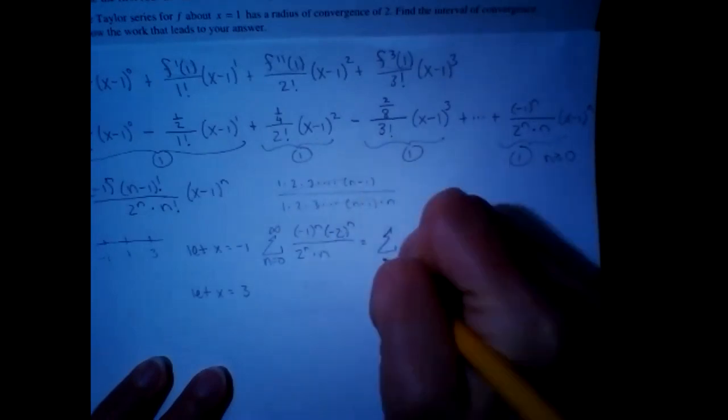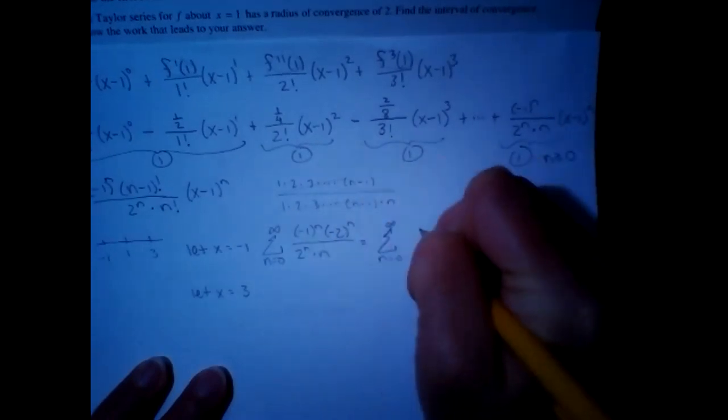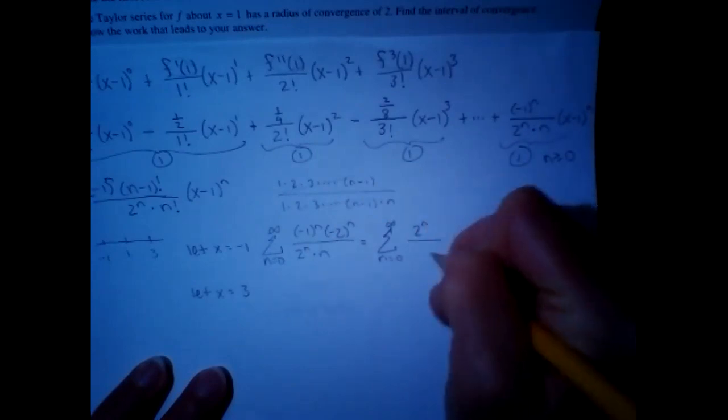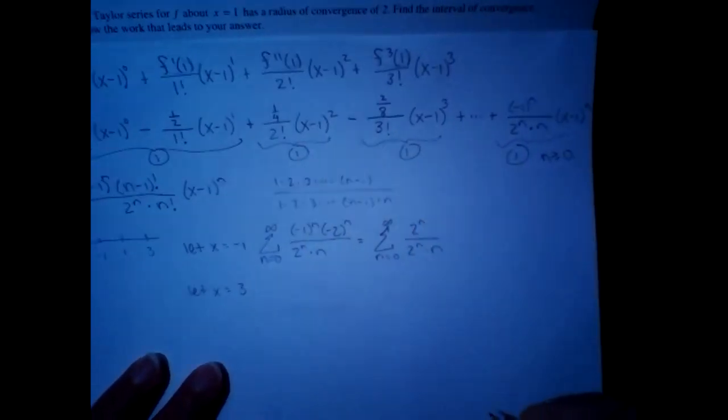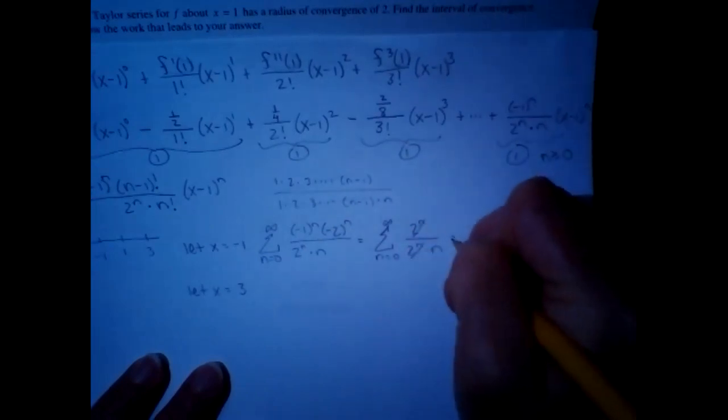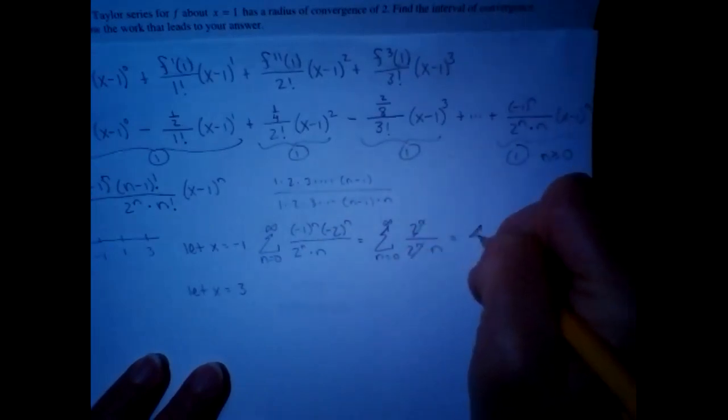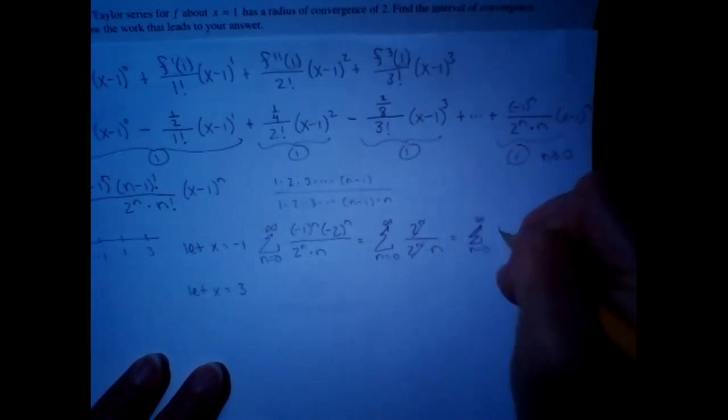And so the negatives are going to cancel. So it would just be 2 to the nth over all of that stuff in the denominator because those negatives are going to cancel out. And then these cancel out too. Sorry, I had trouble writing my sigma there. So it'll just be 1 over n. And so that's a p series where p is 1, and so that diverges.